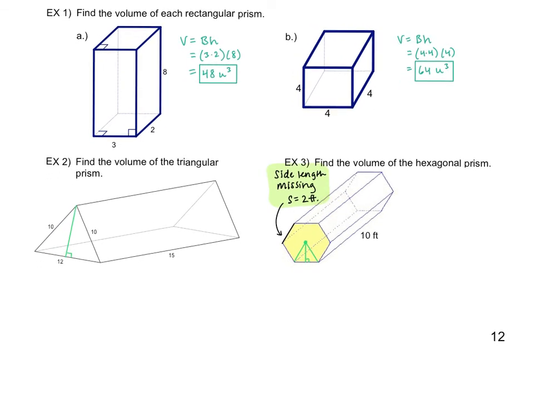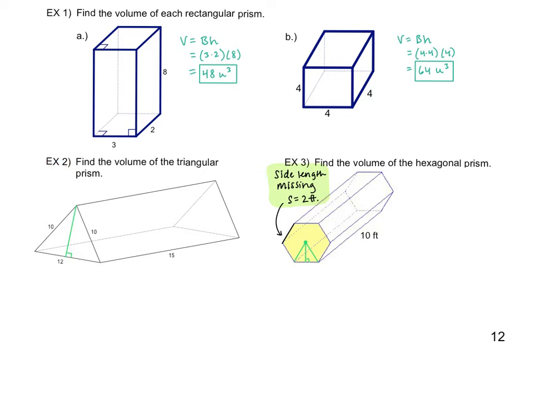Now, I will tell you, for example 3, there was a piece of information missing that we actually need. So I just wanted to point out and have you add this before we look at the problem, that the side length of our hexagon right here, this S, will be 2 feet. So go ahead and add that in your picture, and then we'll practice that problem in a little bit.